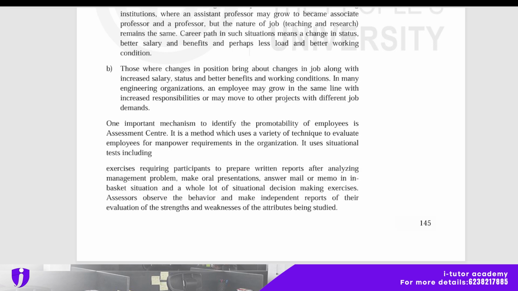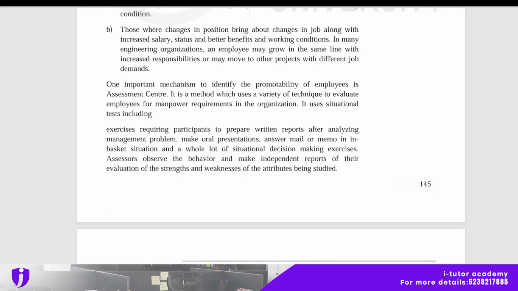It uses situational tests including exercises requiring participants to prepare written reports after analyzing a management problem, make oral presentations, answer mail or memo in-basket situations, and a whole lot of situational decision making exercises. Assessors observe the behavior and make independent reports of their evaluation of the strengths and weaknesses of the attributes being studied.